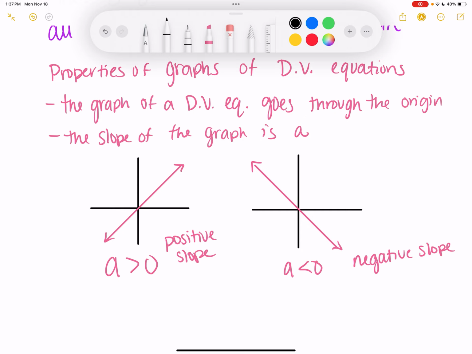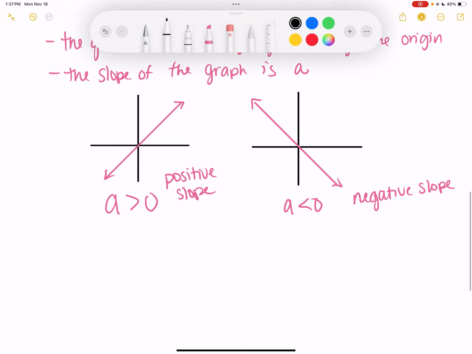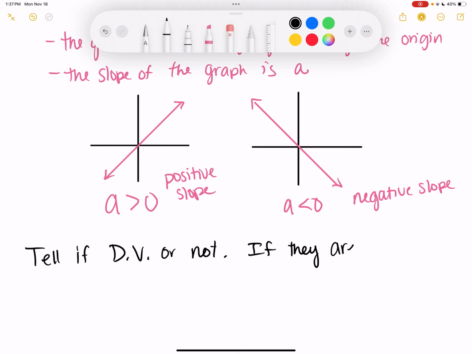The first ones just want us to tell if it is direct variation or not. If they are, state the constant of variation.